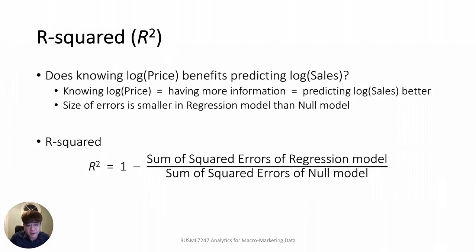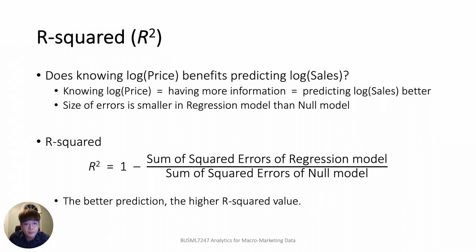If the independent variable is informative, the sum of squared errors of regression model is much smaller than that of the null model, leading to a small value of the fraction and a large value of the R squared. So, the better prediction, the higher R squared value. And R squared indicates the explanatory power of regression model for the dependent variable.